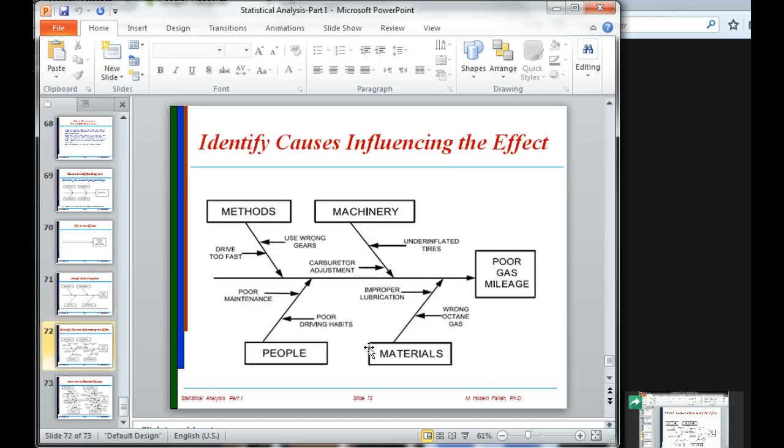And so you start with that, and then you start asking the question, well, what could be the cause in here? Well, underinflated tires could be the cause of poor gas mileage. Or the carburetor adjustment, this is all the cars, so that could be a problem for gas mileage.